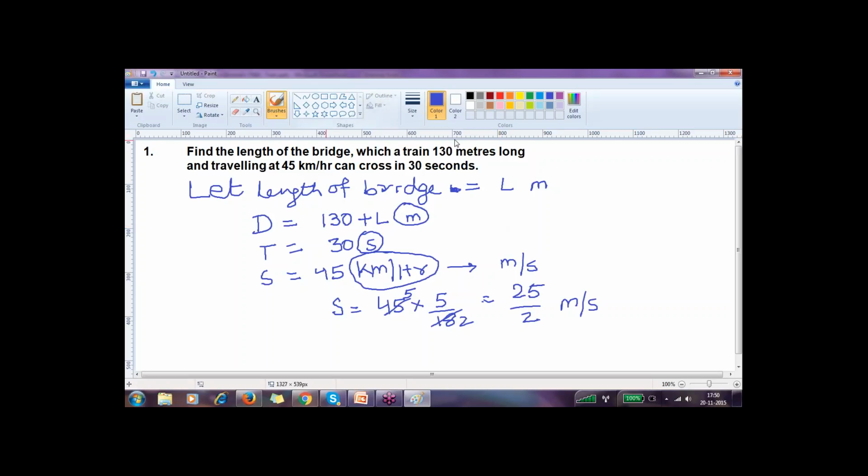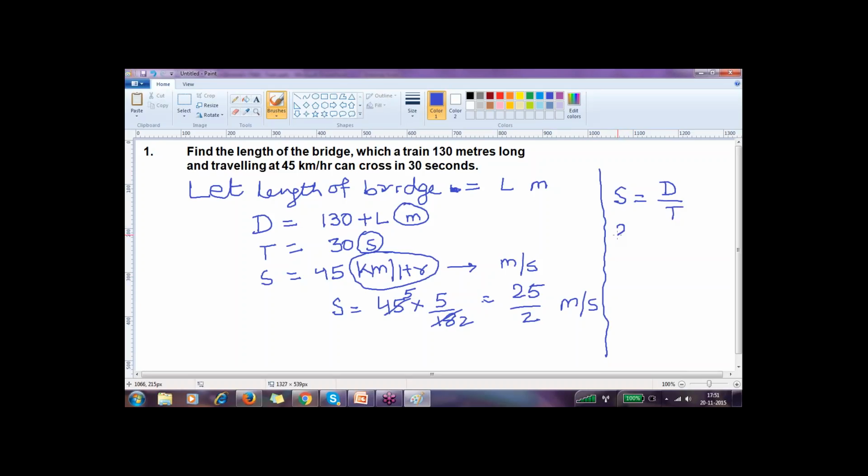So what do I do now? Let me draw a line here so that it becomes more clear. Now putting the same, S is equal to D by T in this formula.